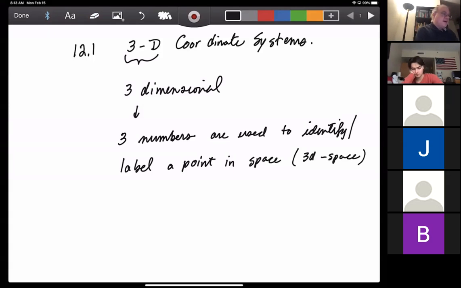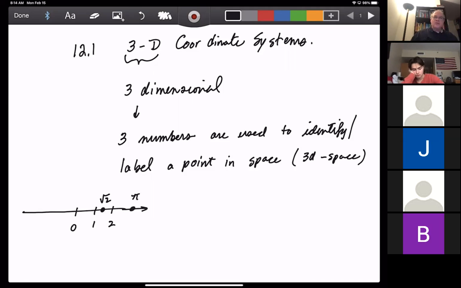All right, so this should not be a new idea, right? If you remember the number line, you put numbers along a line like this, and if I give you the number square root of 2, say, that identifies a point on the line. If I give you a point on the line, there's going to be a number that goes along with that.